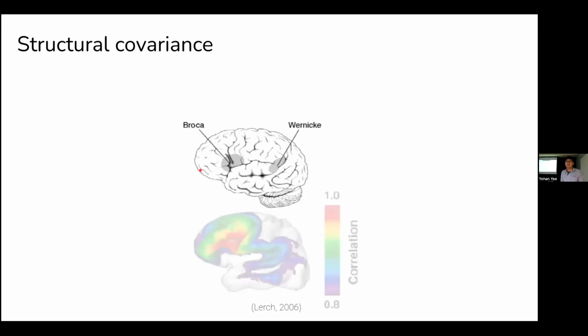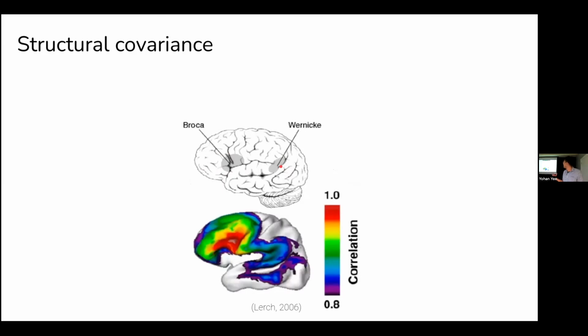A classic example comes from a human study by Jason Lerch and colleagues. So in the human brain, there's a part of the brain in the frontal lobe called Broca's area that's related to speech production, and another region that's called Wernicke's area in the superior temporal gyrus that's related to language understanding. If you look at which parts of the brain correlate in thickness across individuals to Broca's area, you find high correlation in Wernicke's area.